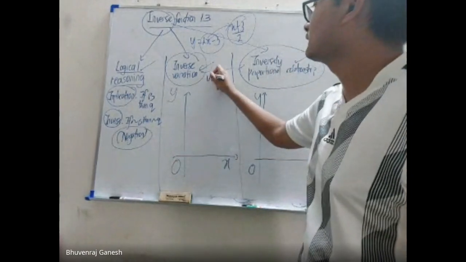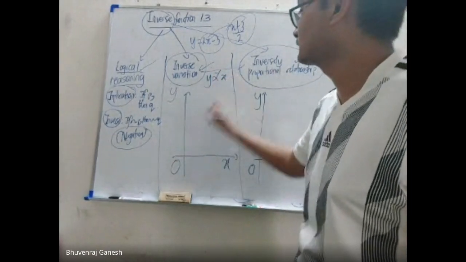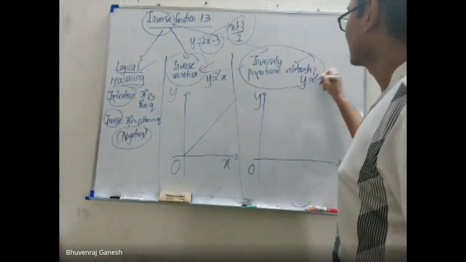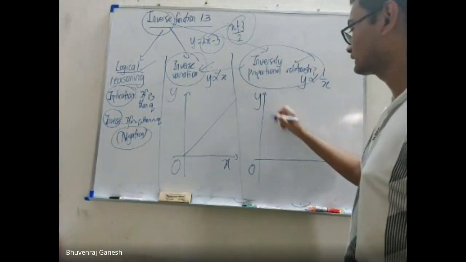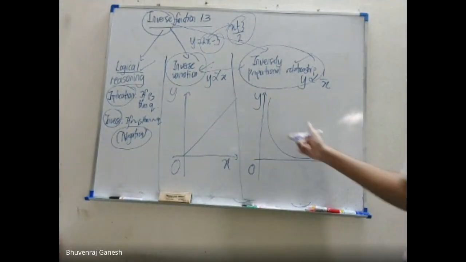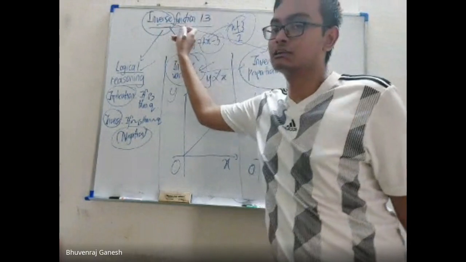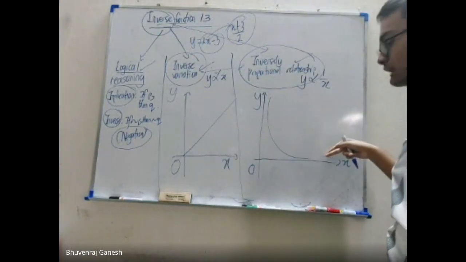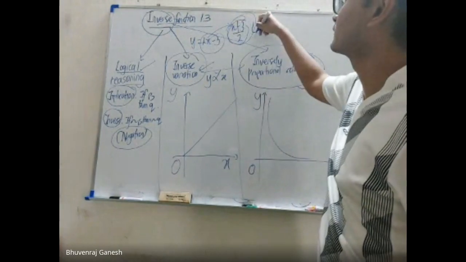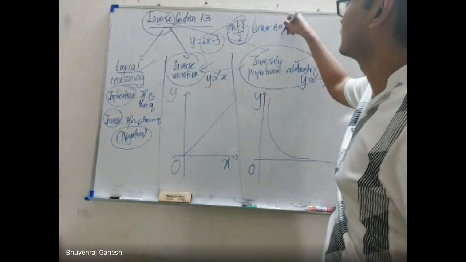Let's say y is directly proportional to x, you get a straight graph. But if y is inversely proportional to x, your graph will come like this shape. This is something related to the inverse function. Not all inverse function graphs come like this; they depend on the equation you get. If it is a linear equation, you still get a straight graph.